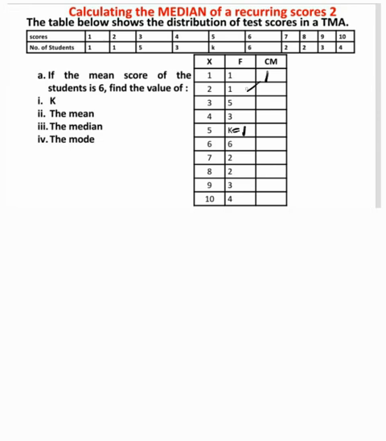Then 1 plus 1, we add it here, we have 2. 2 plus 5, we have 7. 7 plus 3, we have 10. 10 plus 1, we have 11. 11 plus 6, we have 17. 17 plus 2, we have 19. 19 plus 2, we have 21. 21 plus 3, we have 24. And 24 plus 4, we have 28.